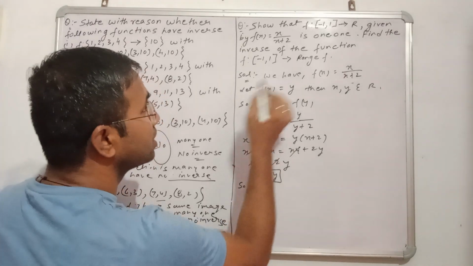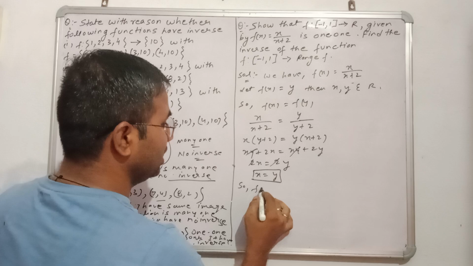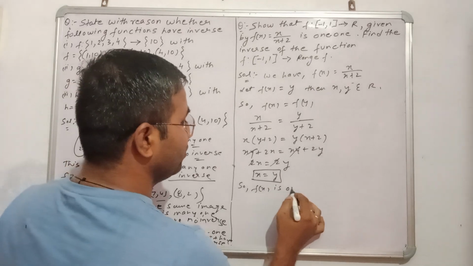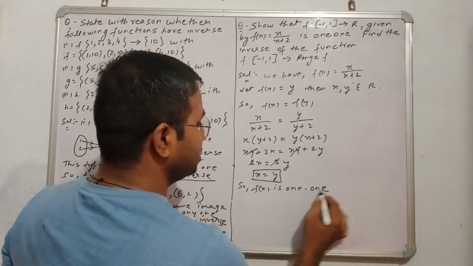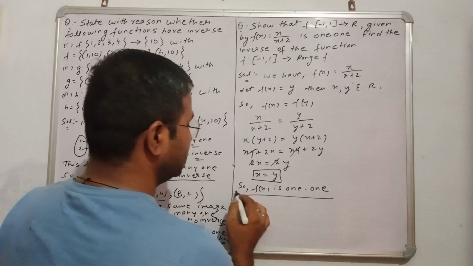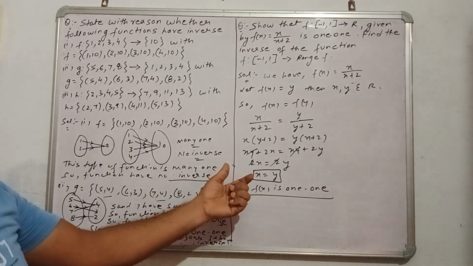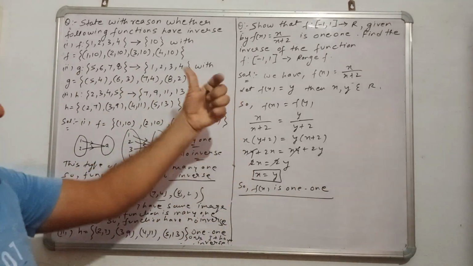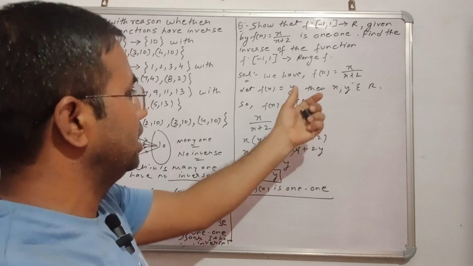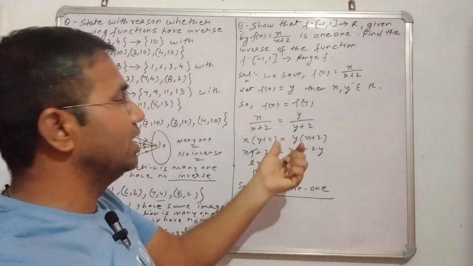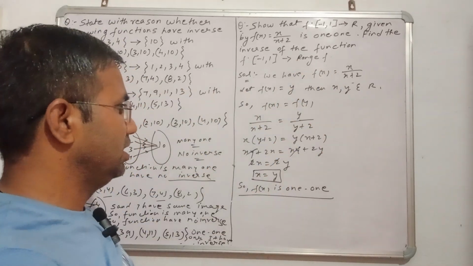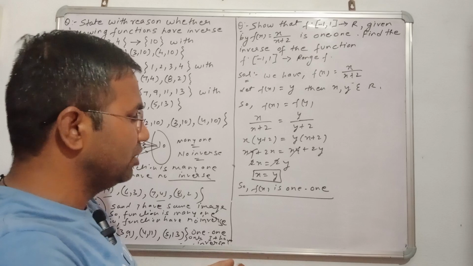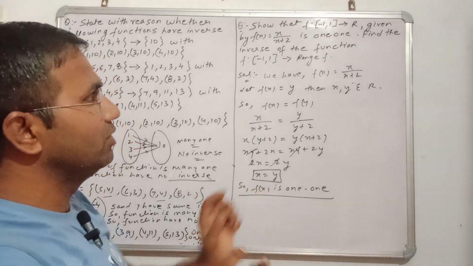So what will you write? f(x) is a one-one function. On putting another variable in place of the given variable, if you get both variables equal to each other, then the function will be one-one.